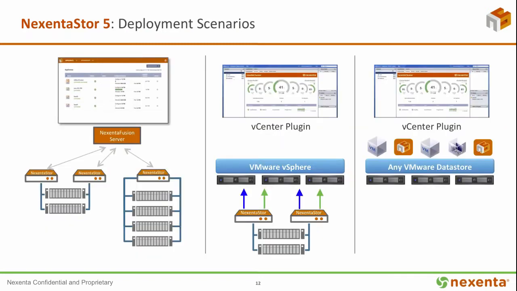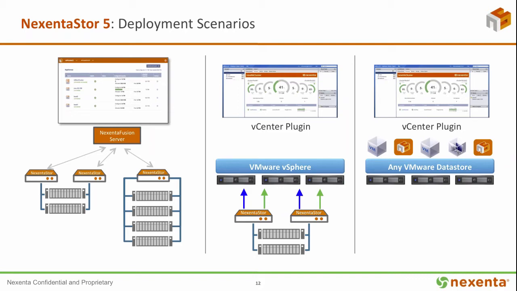Now, different deployment scenarios are supported with 5.0. One thing to call out: to get a graphical UI, to get an instance of Fusion, you have to have a separate server deployed. Fusion today is delivered as an OVA, so effectively if you have a virtual machine deployed that will run your UI, that gives you now single pane of glass management for all of your Extended Store appliances, whether they are clustered or single node.